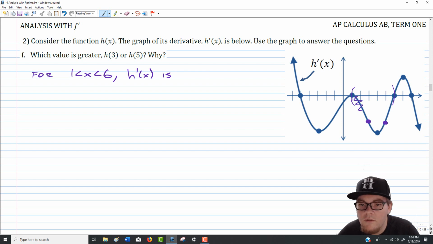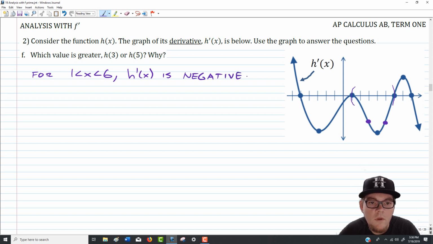So looking at our picture, that describes all the x values down here. Oh, and I said down. That's because for all those values between 1 and 6, h prime of x is negative. When h prime of x is less than 0, aka negative, what does that tell us about h? Well, it says h is decreasing.